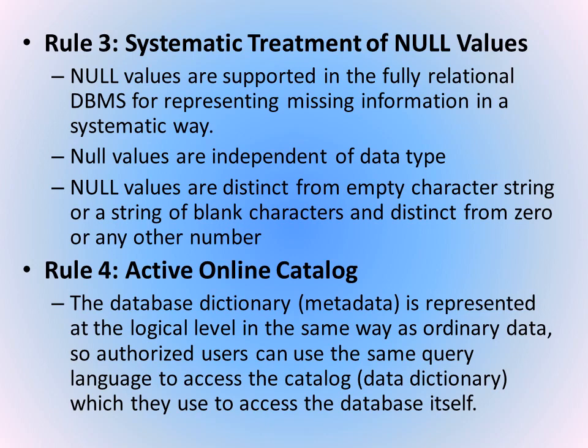Now what does this rule mean? This rule means that metadata or data dictionary should be maintained for all the data in the database. This metadata should be stored in a table in the form of rows and columns. It should also have access privilege.